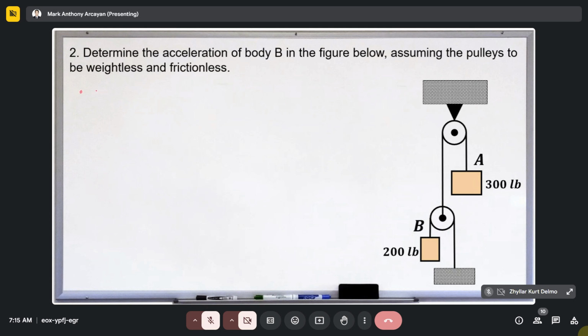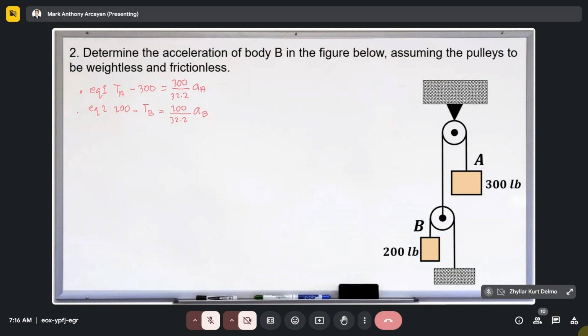Let me write again the two equations. Equation one, we have TA minus 300 is equal to 300 over 32.2 times the acceleration. Then equation 2, we have 200 minus TB is equal to 200 over 32.2 times the acceleration.